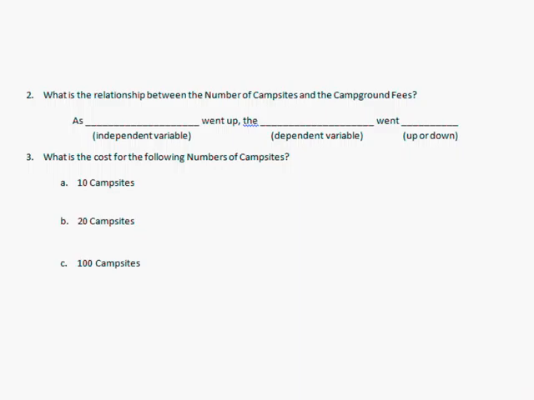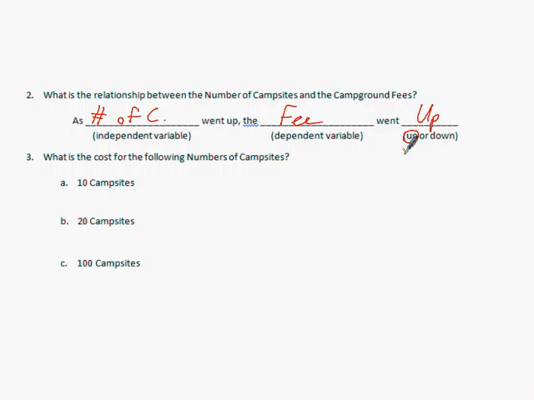What is the relationship between the number of campsites and the campground fees? So number of campsites is the independent variable. As the number of campsites went up, the fee went up or down. Well, the more campsites you need, the higher your fee.